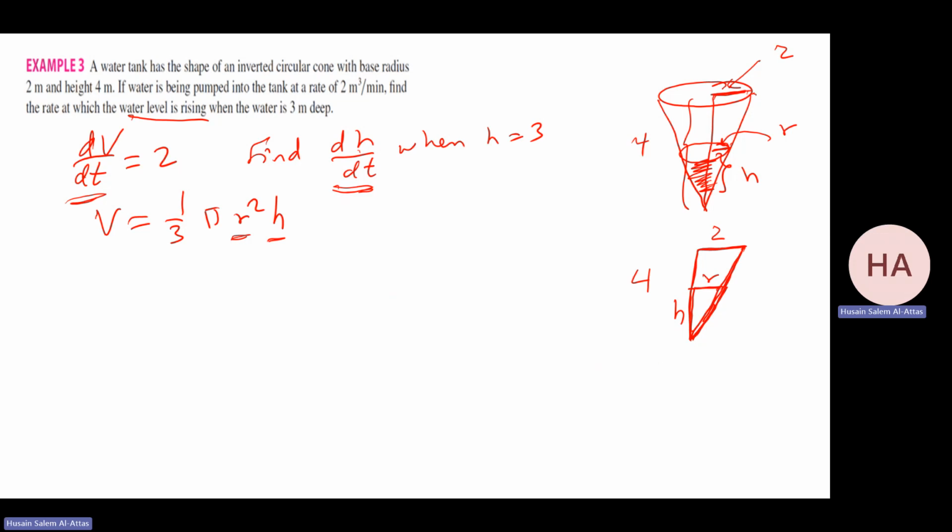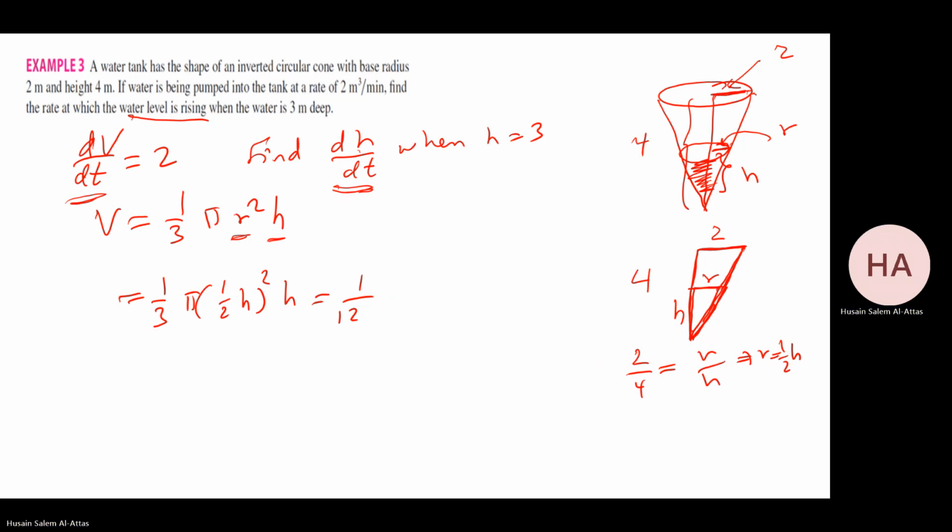So using these similar triangles, I have 2 over 4 equals r over h. In other words, r equals half h. So I plug it here. That will be 1/3 π times (1/2 h)² times h, which is 1/12 π h³. So I have V in terms of h only.